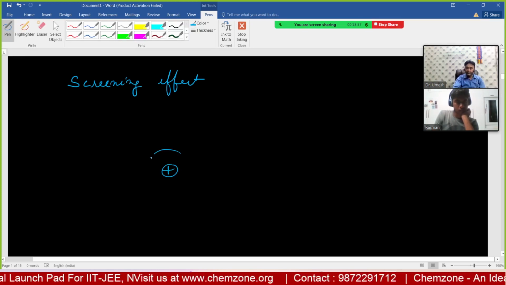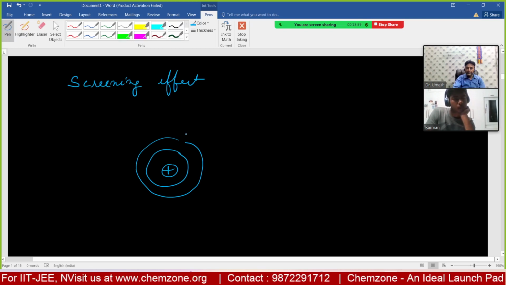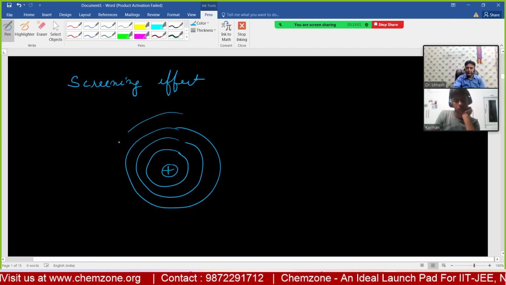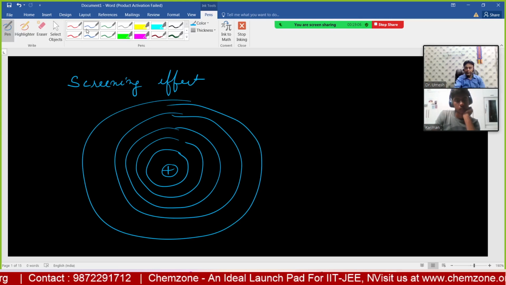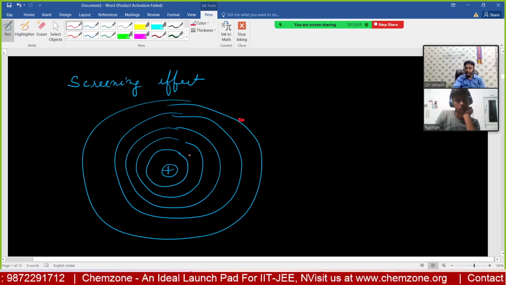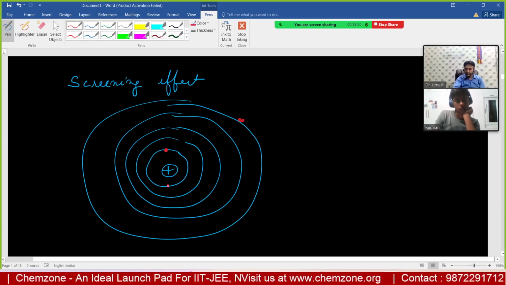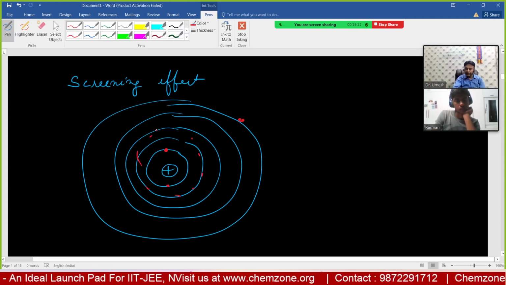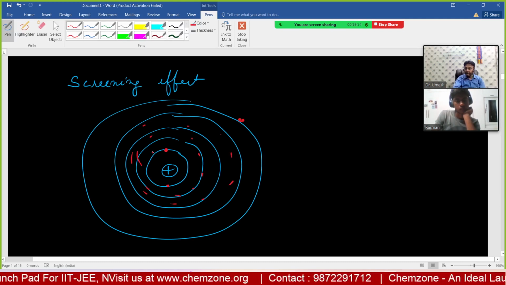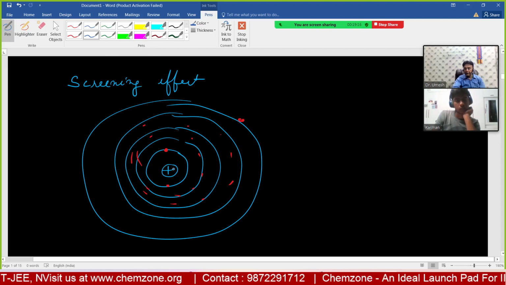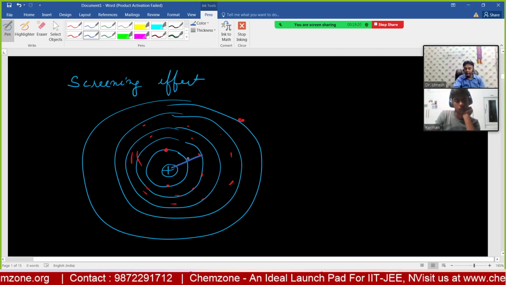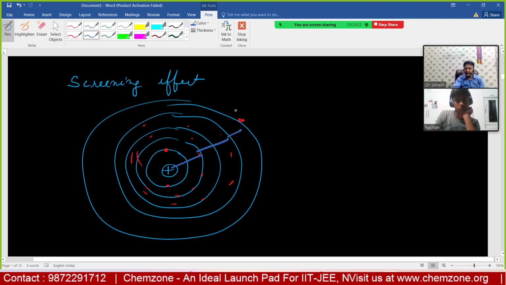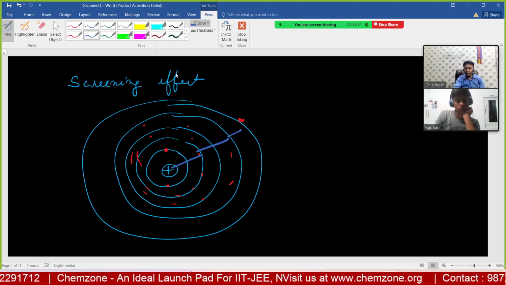Here I have a nucleus, and these are the shells of the inner energy levels, and this is the outer electron here. In the first shell, I have 2 electrons. In the second shell, I have 8 electrons, and so on. The inner electrons are there. So what will happen? The nuclear charge will not be able to reach out effectively to attract the outermost electron.